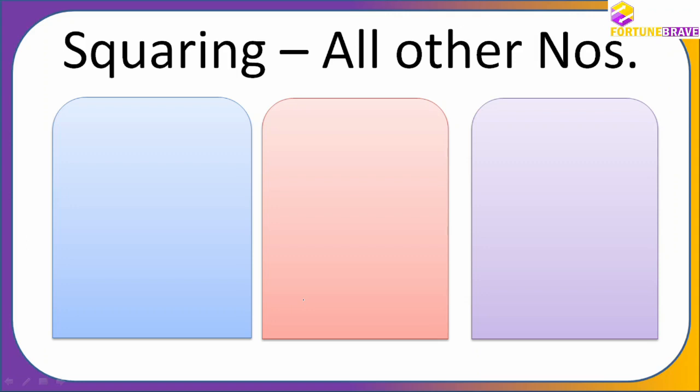So all other numbers, like 63 square. Now if you do not know squares up to 25, which should not happen, I am telling you. Also note down, I am going to tell you the everyday routine within this week.